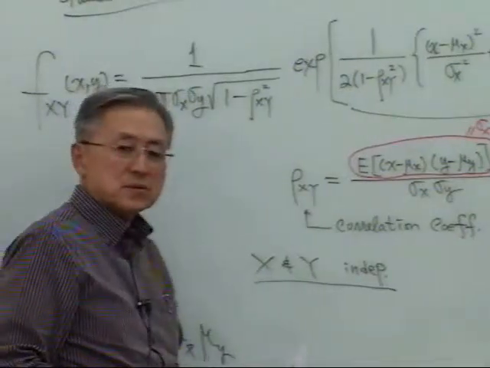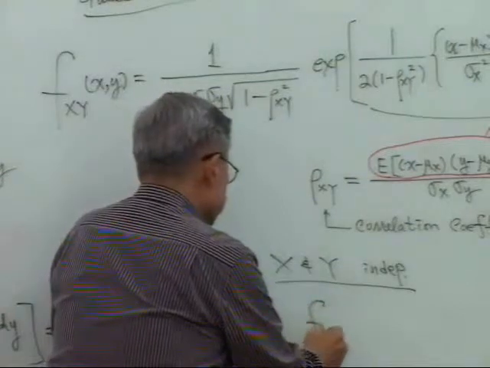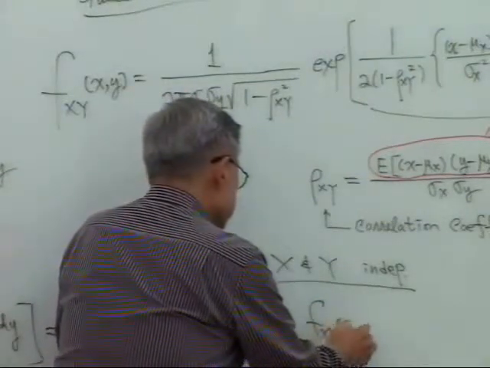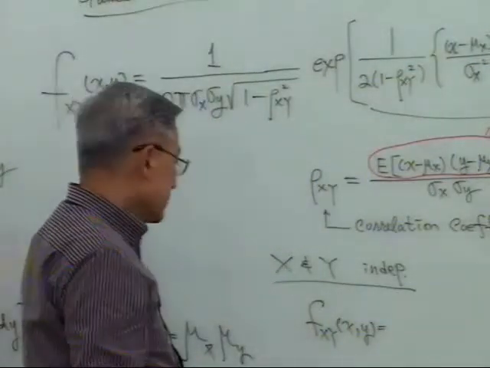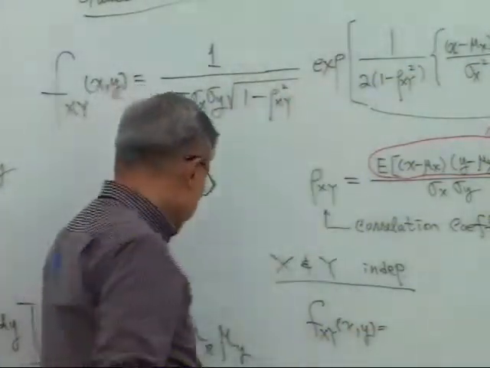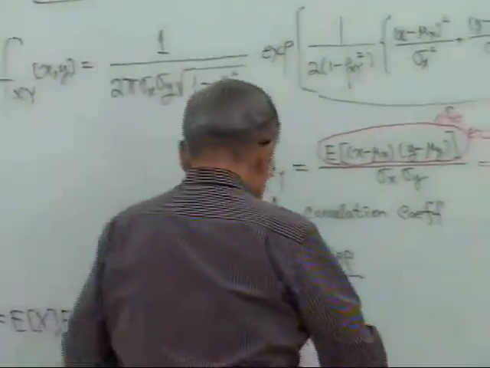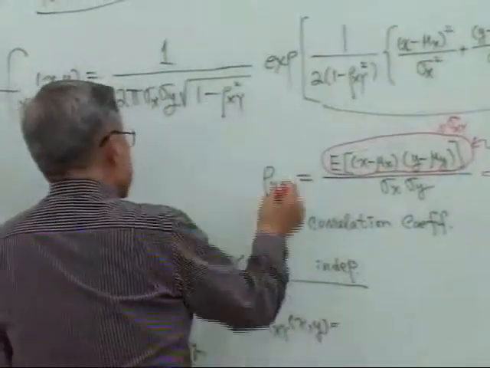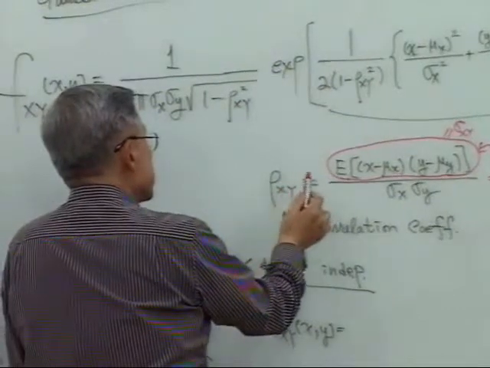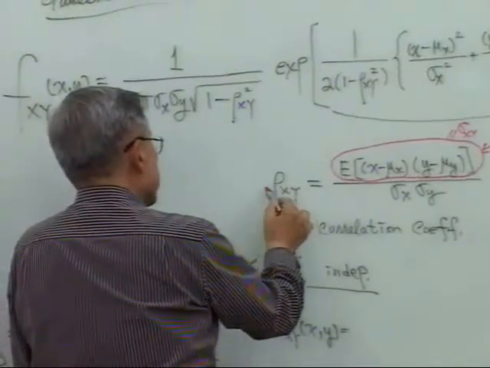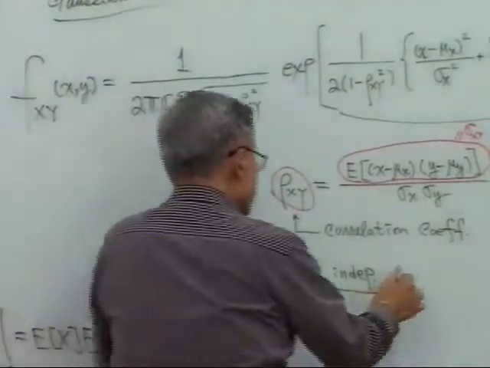I want you to write out this f xy. Right now you can write. So you wrote up to all there. If it's independent, no correlation, X and Y are independent, so this has to be equal to 0.